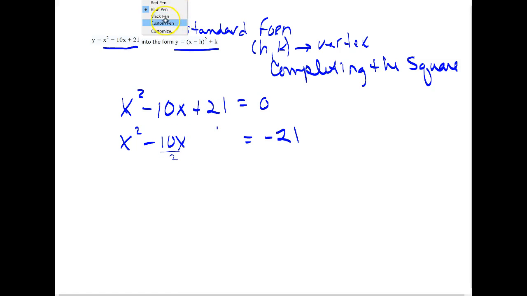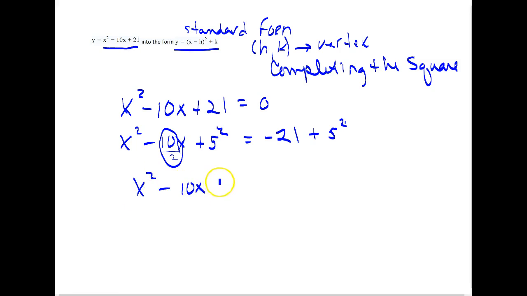And then I'm going to add that 5 here and square it. So we take the middle term divided by 2, which is 5, and then we square it. And of course, whatever I do on the left side, I also have to do on the right side. So I have x squared minus 10x plus 5 squared equals negative 21 plus 25.